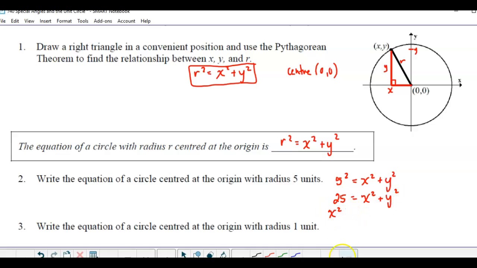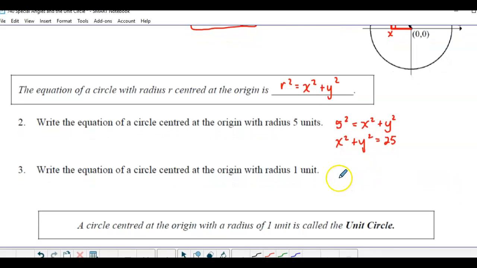I'm going to rearrange that and put x squared plus y squared equals 25. Like anything, we like to have the variables first and then the number.